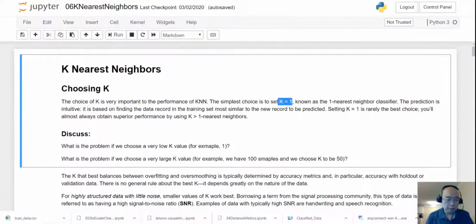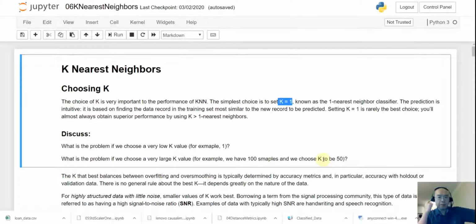So let me come back and let's talk about another case. Since picking a very small k-value may not be a good decision, how about we just pick a large k-value? Say we have 100 samples and we choose k to be 50. What is going to happen there?